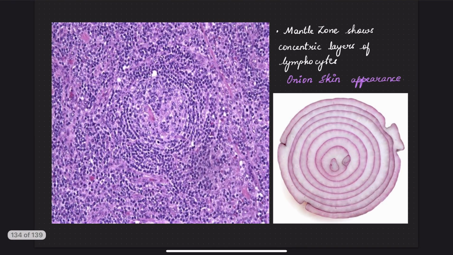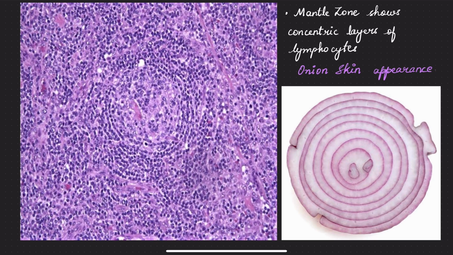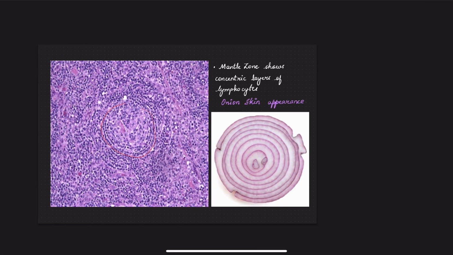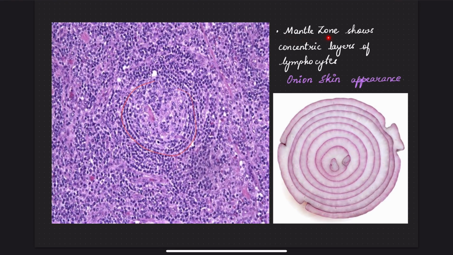And the follicle also shows concentric layers. These are the concentric layering of lymphocytes in the mantle zone. The mantle zone shows concentric layering of lymphocytes. It gives an appearance of an onion skin. For example, imagine this to be a mantle zone.